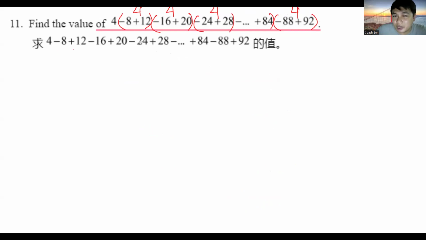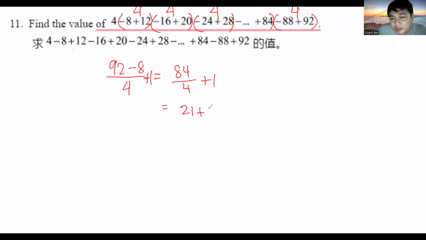So we use the formula to count how many numbers there are, starting from negative 8 to 92, which is just last term 92 minus the first term 8 divided by the skip count, which is 4. 92 minus 8 is 84 divided by 4 plus 1. That's 21 plus 1 or 22 numbers.